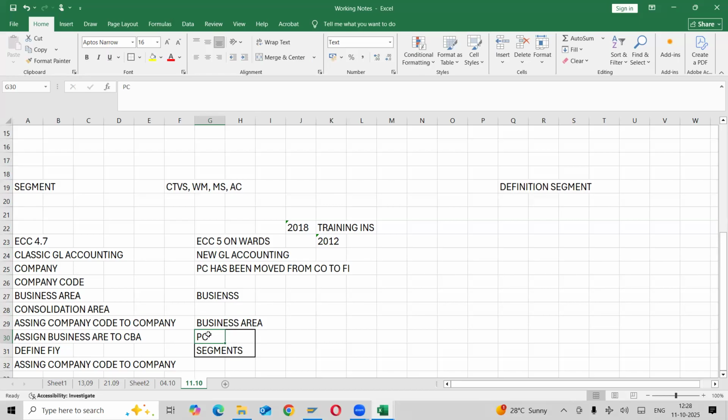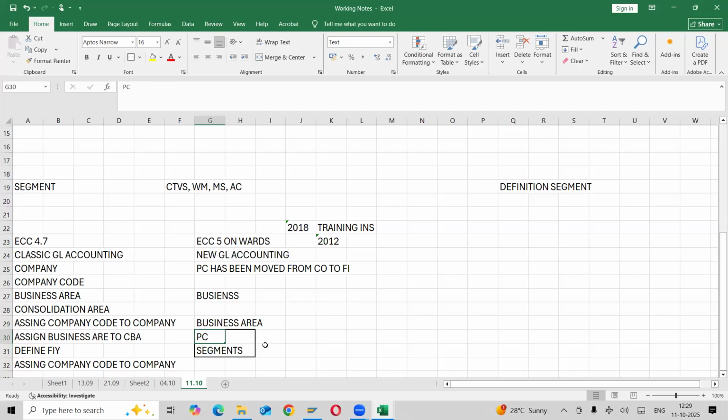Naveen, one more thing: there are these three areas, the business area, profit center, and segment. We can use them in any way, for example area wise in profit center. As per the client requirement we need to understand and use them in practice. But always your segment will be linked to the profit center.